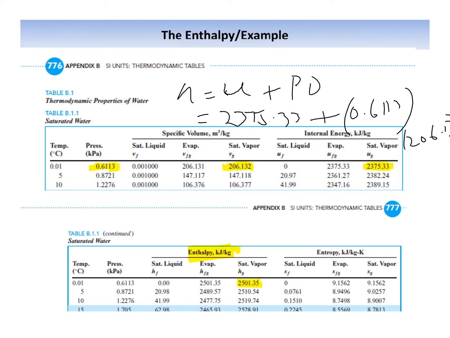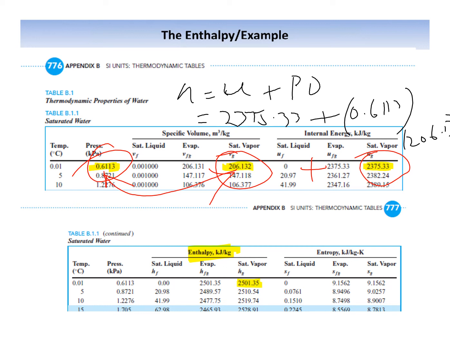the product of pressure into volume plus this quantity. If you take the product of these two quantities and add it to this, the same applies if we have a mixed phase.